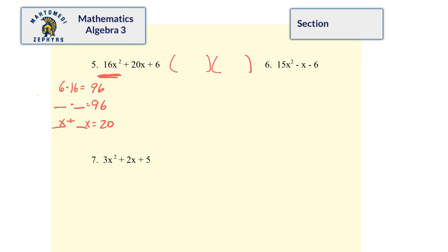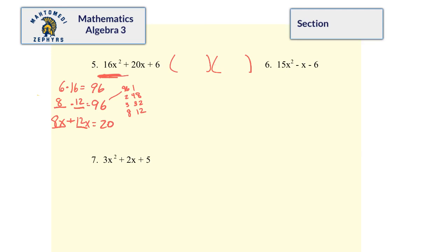So you can start going with your factors here. 96 and 1, 2 and 48, 3 and 32. And if you keep going, you're going to know that 8 times 12 is 96, positive both. So 8 plus 12 is 96. Or I'm sorry, 8 plus 12 is 20.